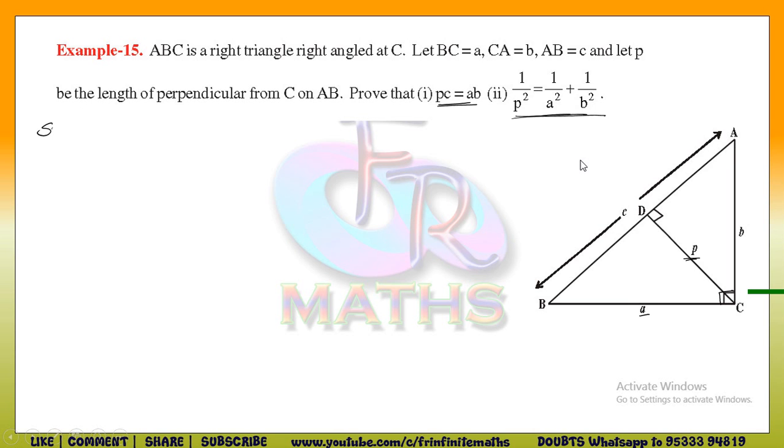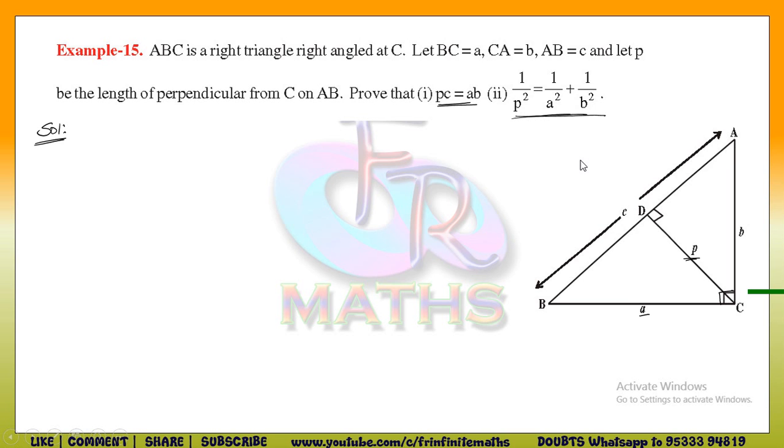So moving on to the solution, if you observe this figure, BC and AC are perpendicular. Then we can say that BC can be taken as base and CA can be taken as height, or otherwise if you turn the figure, then AC can be taken as base and BC can be taken as height. So there are two possibilities for this base.